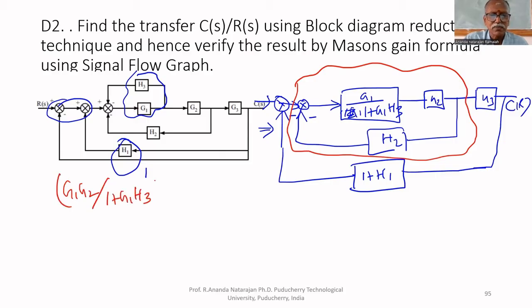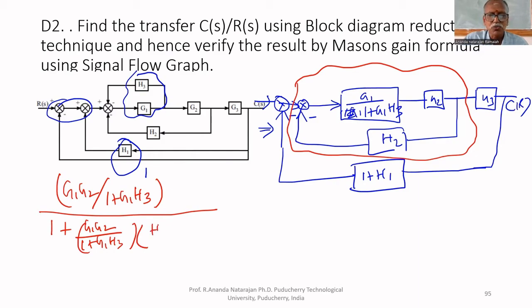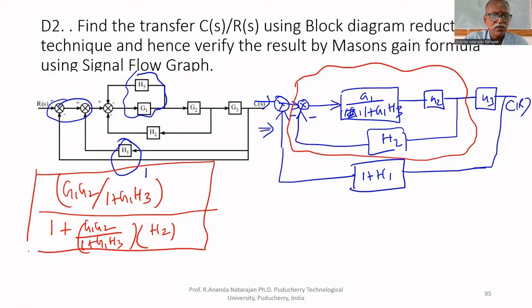This is numerator. Whole divided by 1 plus G1, G2 upon 1 plus G1, H3 multiplied by H2. That's all. This is what we got for this block, the red circle.